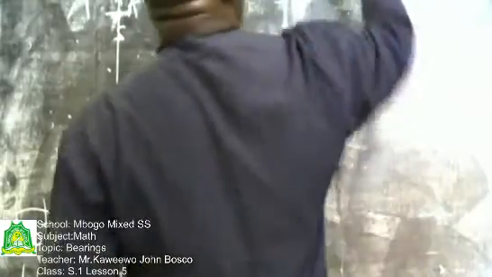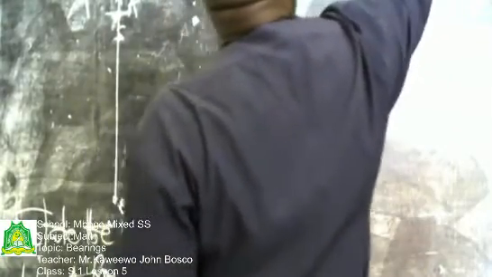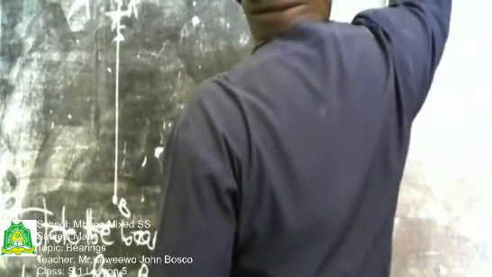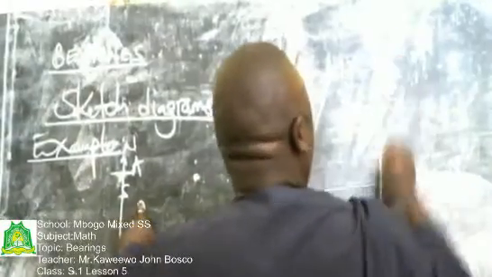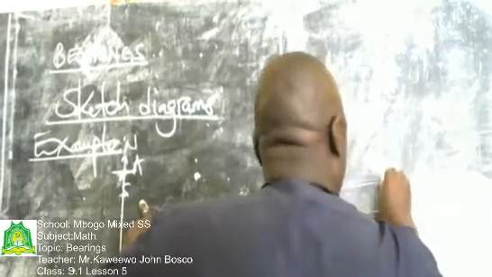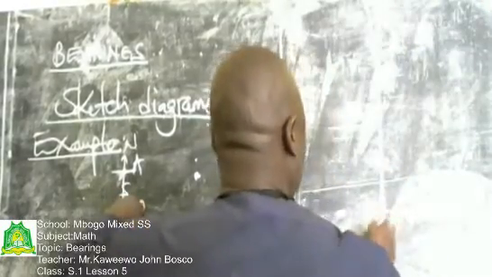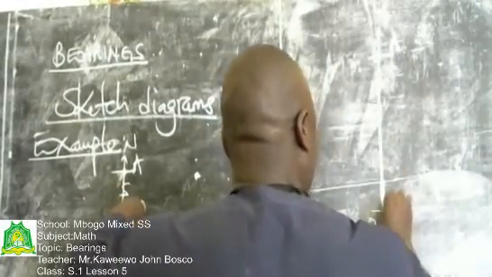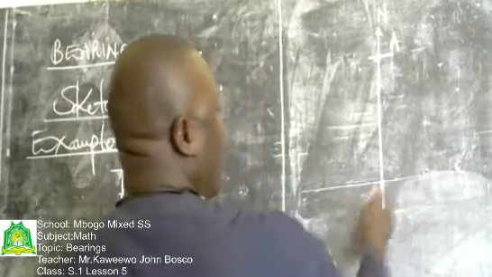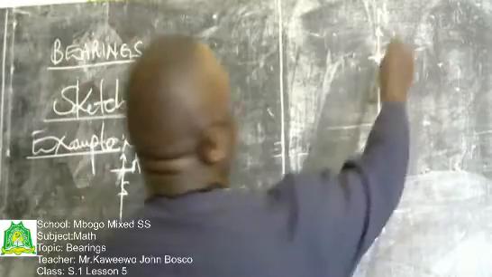If you want to use the 3 figure bearings, then you look at the diagram drawn again. This is point A, and here we have point B. In all cases, we look at north, east, south, west.